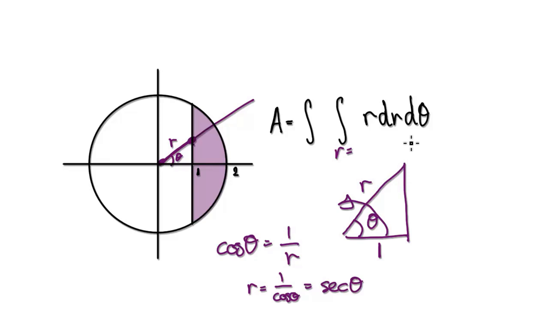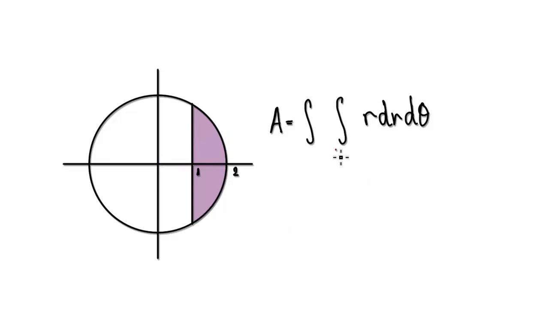So really we are integrating from a radius of secant theta to a radius of 2. This angle is theta, and this radius will be secant theta. So you start at the vertical line and you leave at a radius of 2.